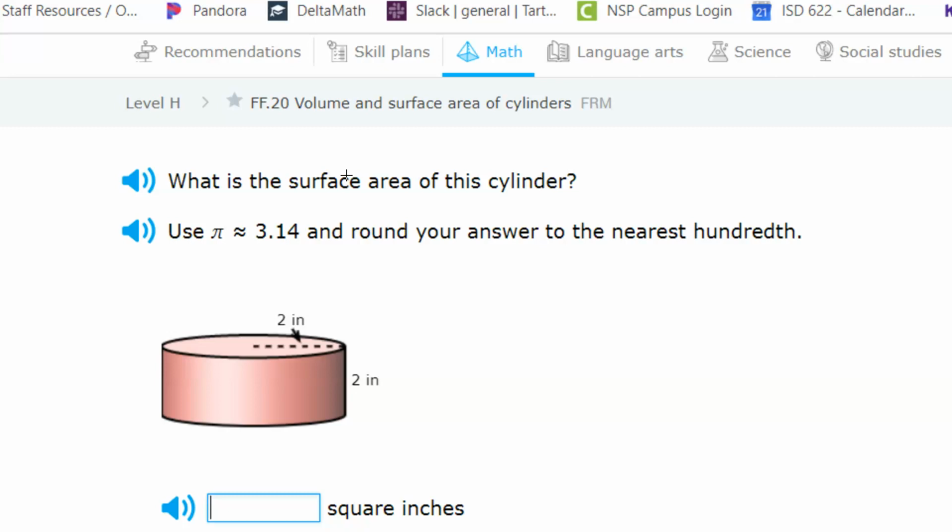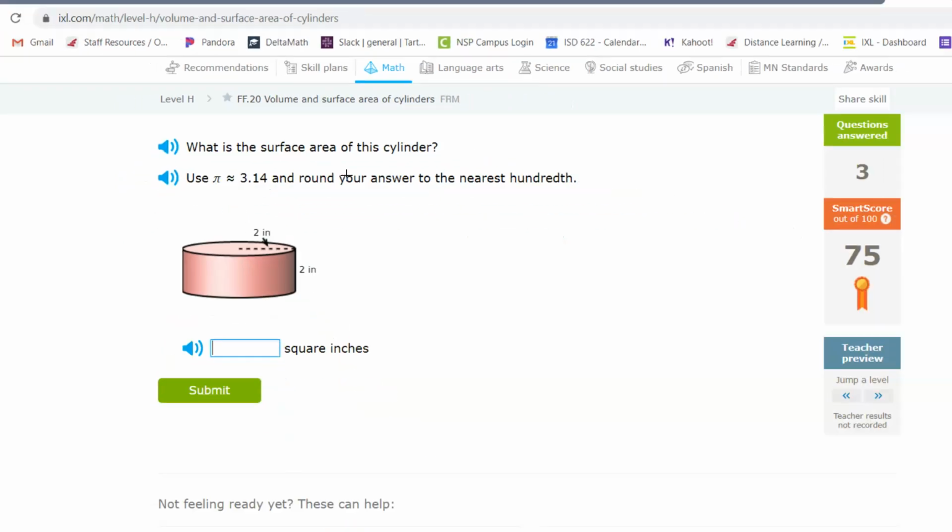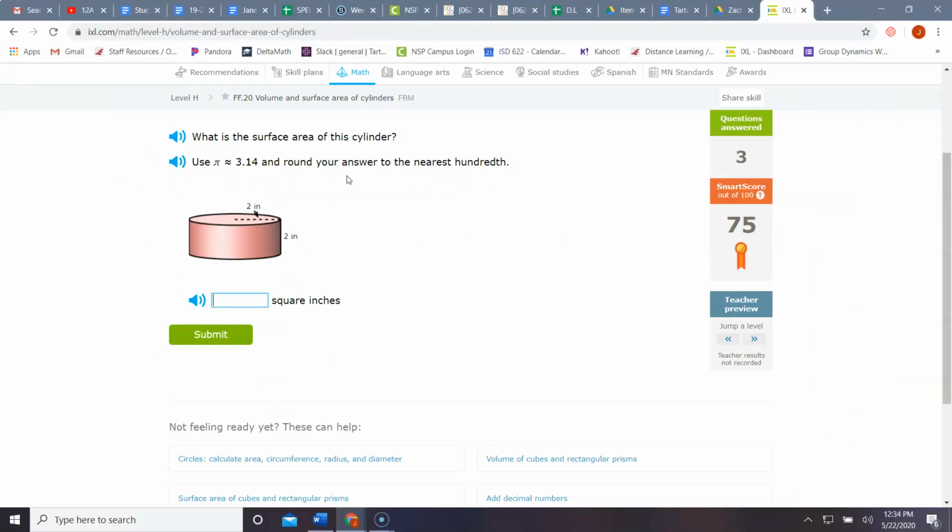So we've got our surface area equals 2 times pi r squared plus perimeter times our height.